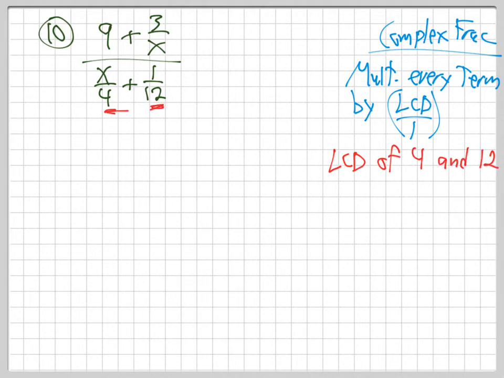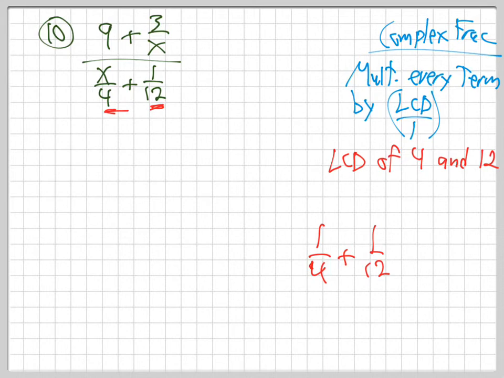What's the common denominator for 4 and 12? 12, right? They both go into 12. It's not factoring, it's the opposite of factoring. It's like if you were adding 1/4 and 1/12. What would be the common denominator? It'd be 12, right? So don't think, oh, it's 4, that's factoring. We're not factoring now. This is the opposite of factoring.